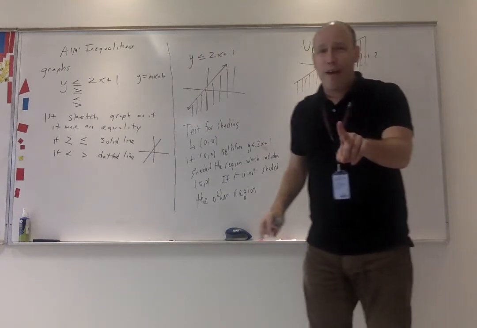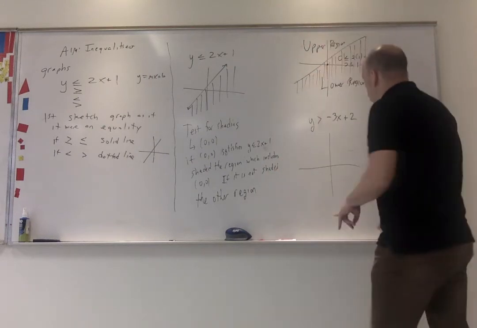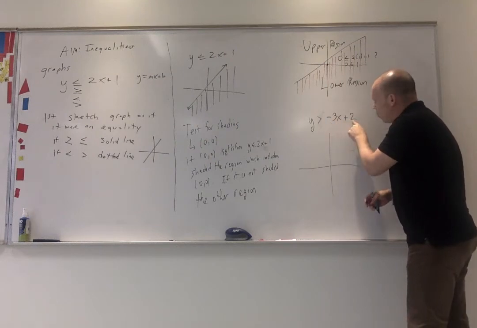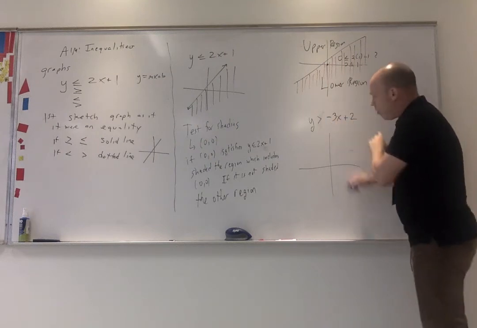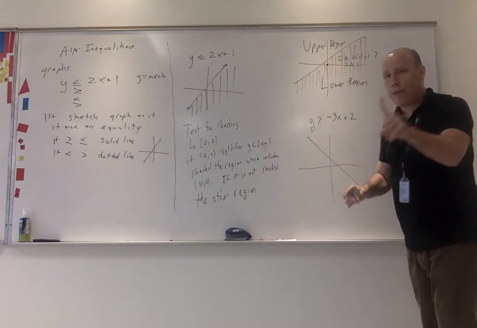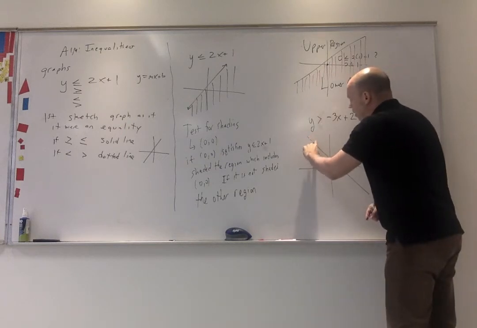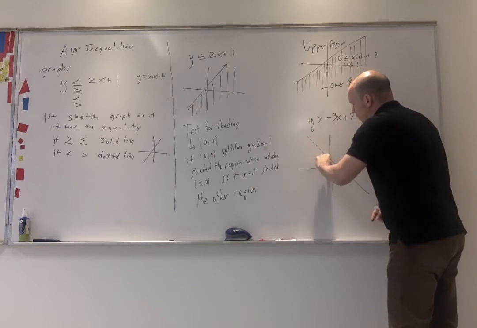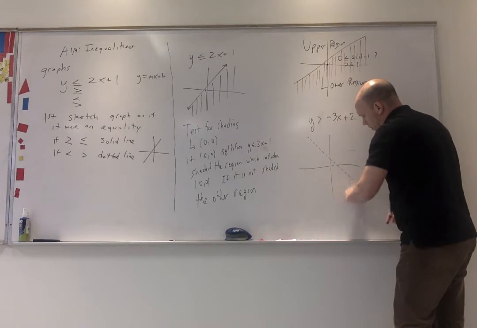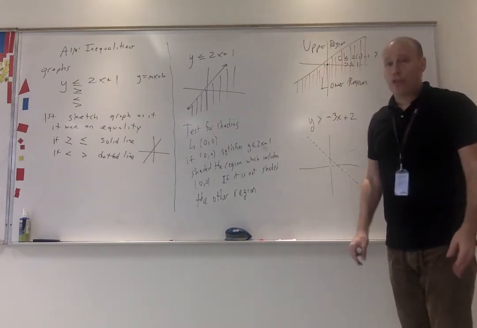The great thing about graphs is you get to use pencil. Watch. You say, okay, I know my line is decreasing, and the y-intercept is 2. And then you say, wait a minute, it's just greater than, so it's a dotted line.